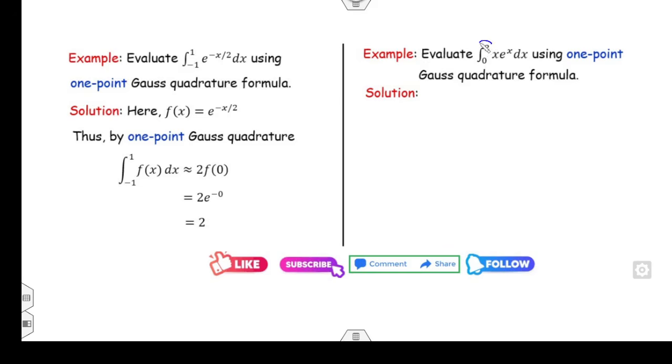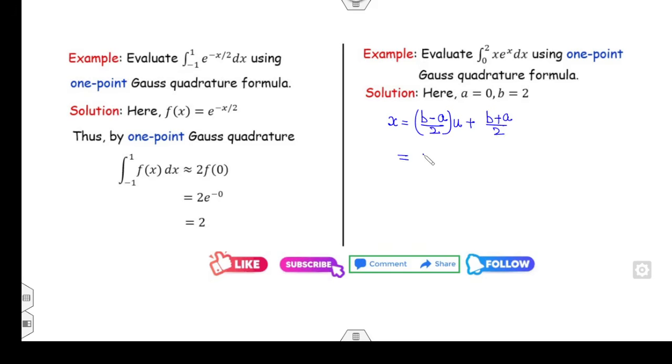In this case, the limit is not from -1 to 1. So we can use the substitution. Fine. So how can you solve them? We can use the substitution x is (b minus a) over 2 into u plus (b plus a) over 2.